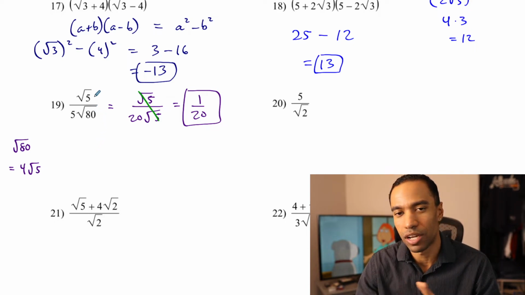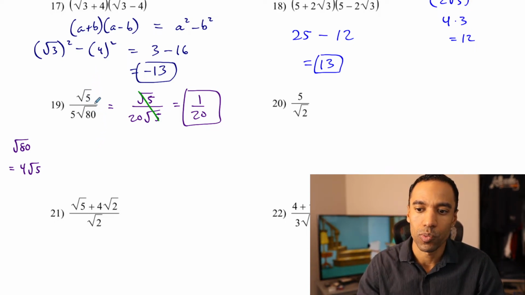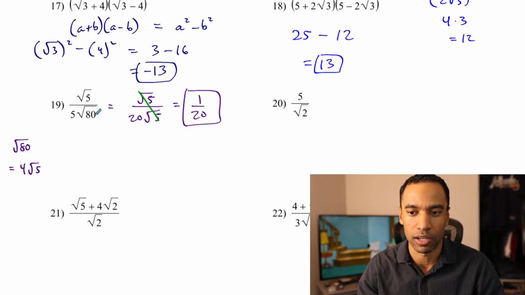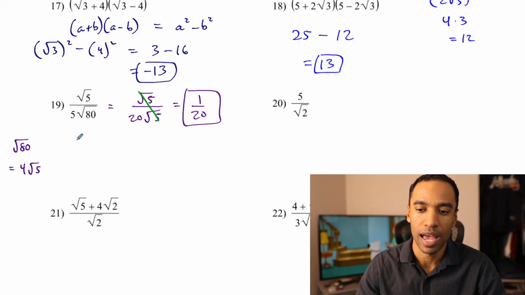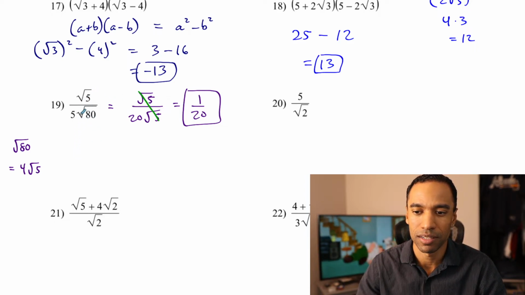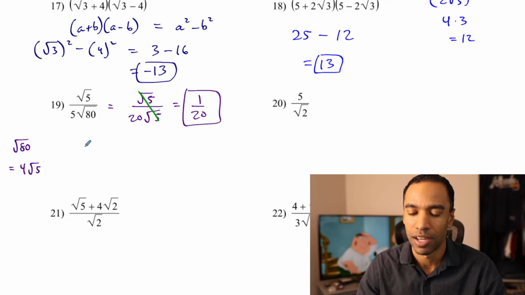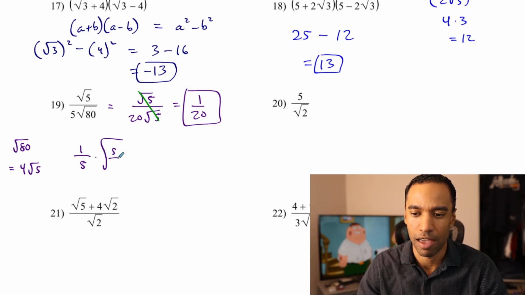Alternatively, what I could have done here, it's a little interesting, as we can multiply two radicals together, like if I had root 5 times root 80, that would have been root 400. I could divide them as well. I could treat it like this. How would I write this with the 5 there? I guess 1 over 5 times root 5 over 80.